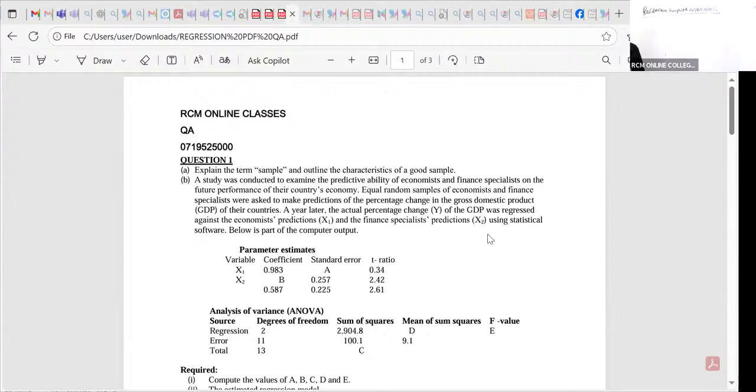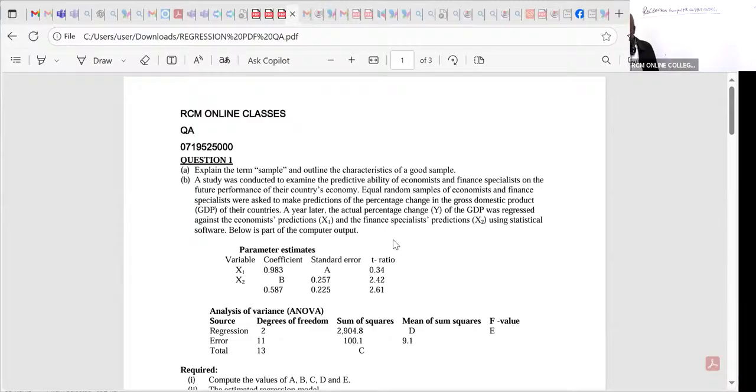So you can see GDP there is dependent on how many variables? 2, X1 and X2. The finance person's predictions, and then the economist predictions. Using statistical software, below is part of the output.